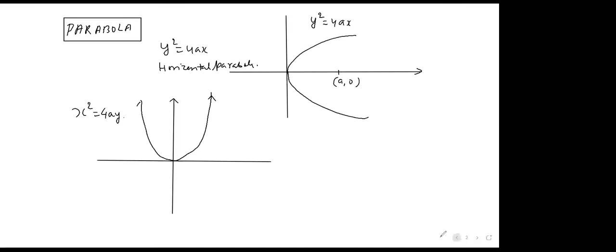Now coming to ellipse. In case you don't know anything about the graph of any curve, then you have the option of taking several points, several ordered pairs. Suppose you take x equals 0, y equals 0, put x equals 1, y equals 2 root a, and like that.